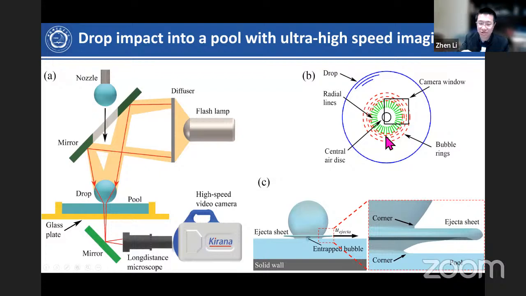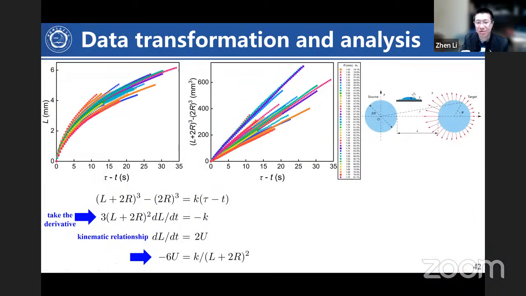If you introduce this solid surface, you will have, for example, roughness or contact angle problems, and you may also introduce a liquid film generated on the solid surface.